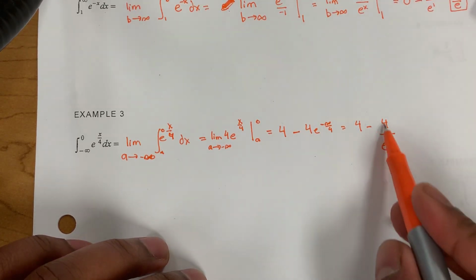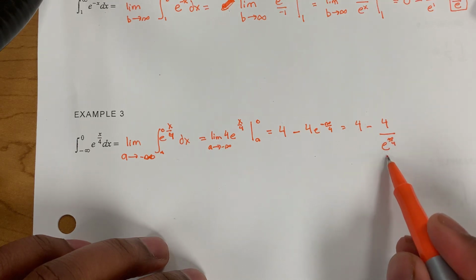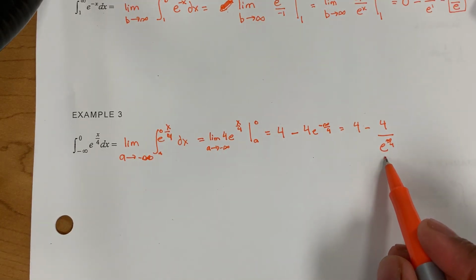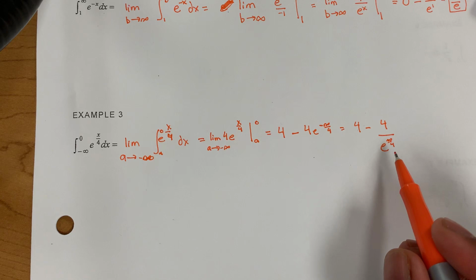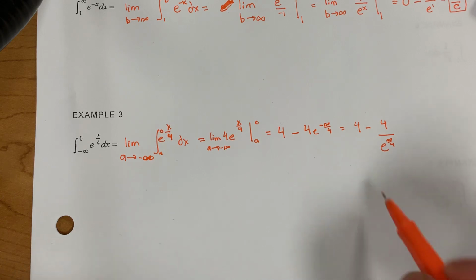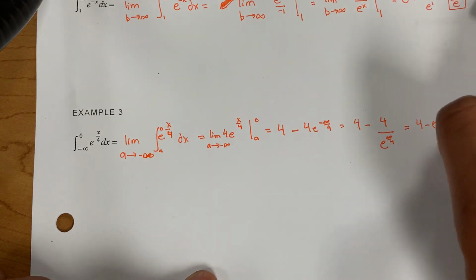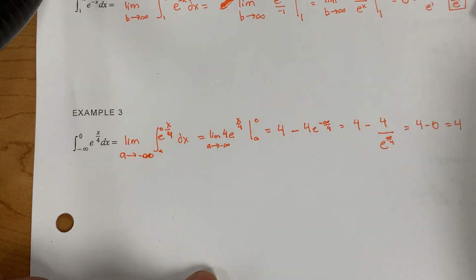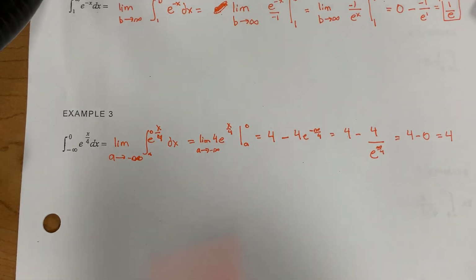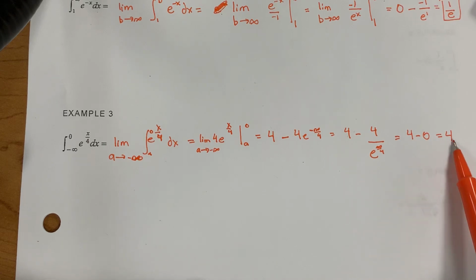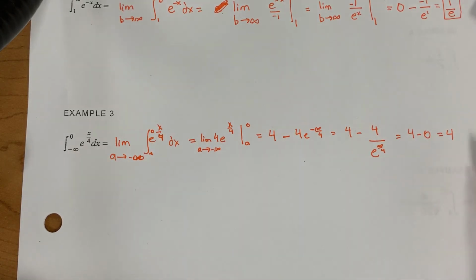And so again, you're going to have 4 divided by an eventually large number, which should converge to 0. So this is just going to be 4 minus 0, which equals 4. So this integral out to -infinity has an area that approaches 4.